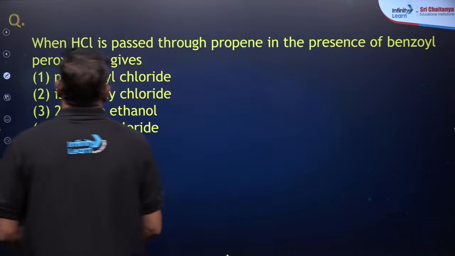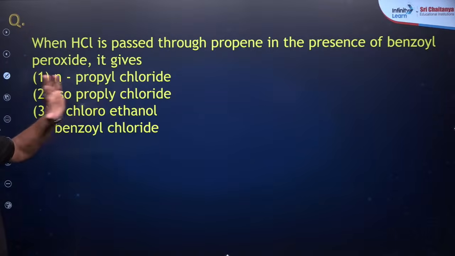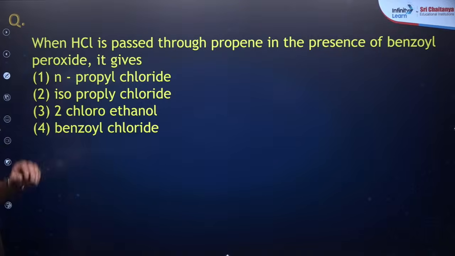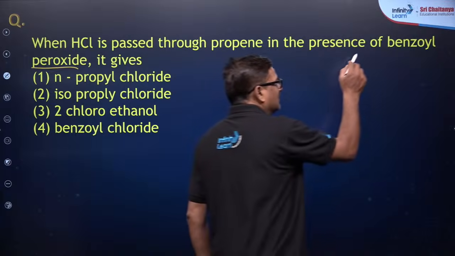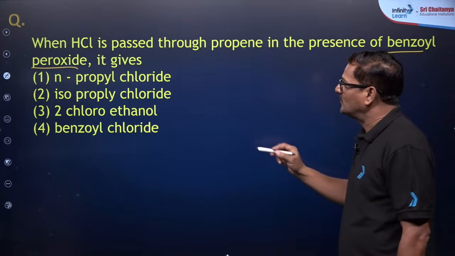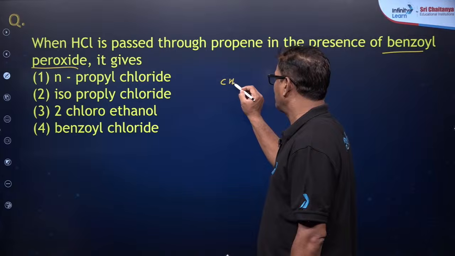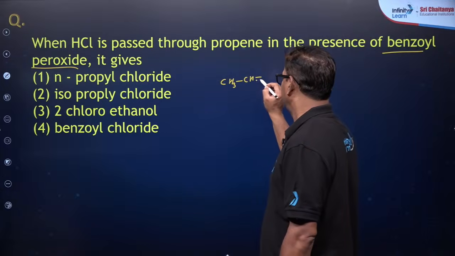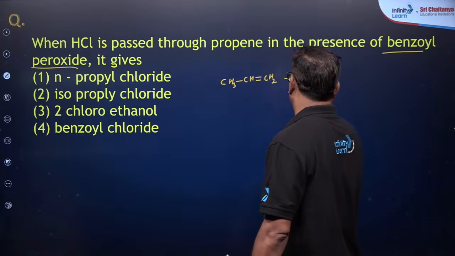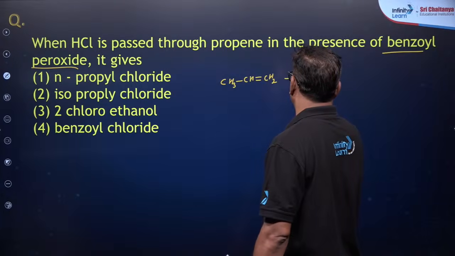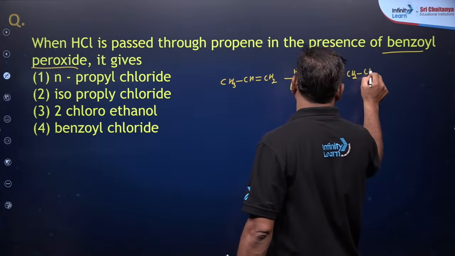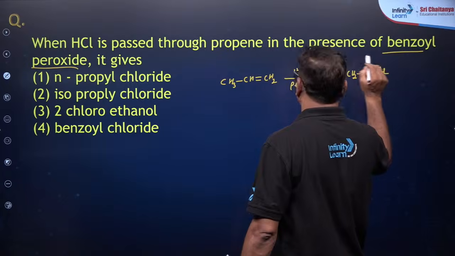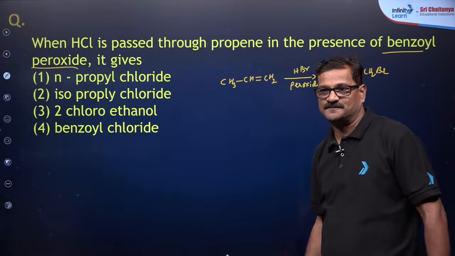Now let us see, when HCl is passed through propene in the presence of benzoyl peroxide, so you have the peroxide. Okay, so propene when it is treated with HBr in the presence of peroxide, you are going to get CH3, CH2, CH2, Br, anti-Markovnikov addition.